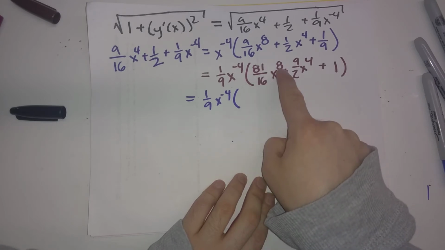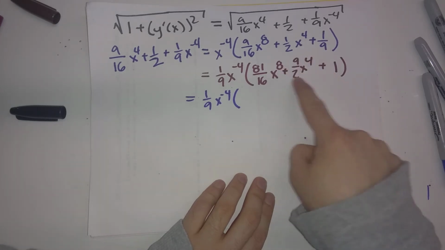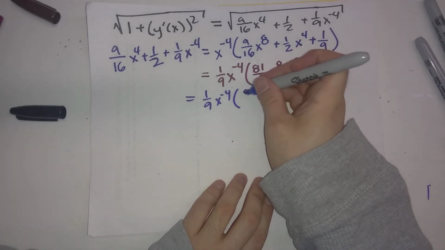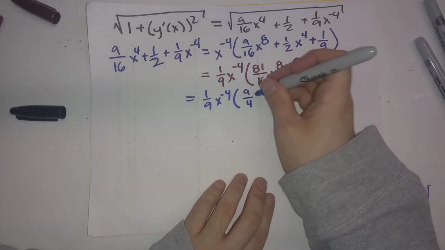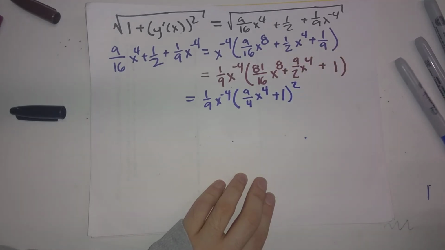X to the 8th is x to the 4th squared. And I see that kind of stuff going on in here. So this is going to be 9 over 4 x to the 4th, plus 1, all of that squared.